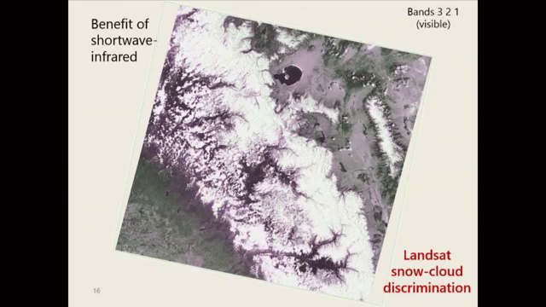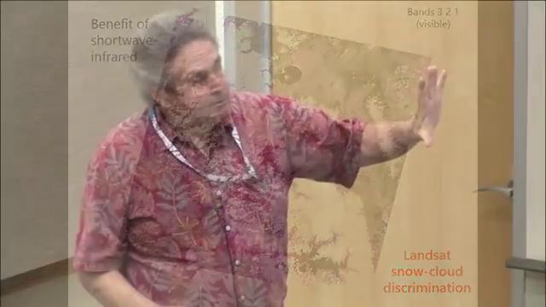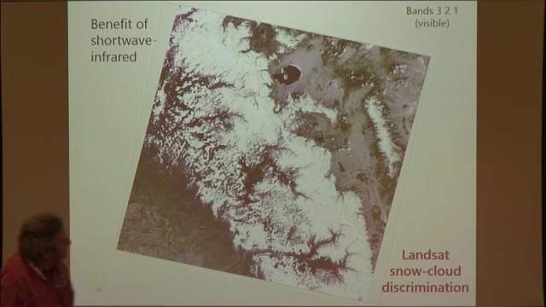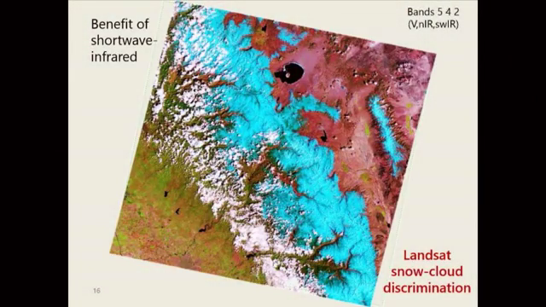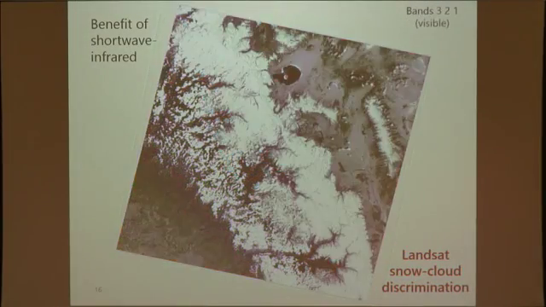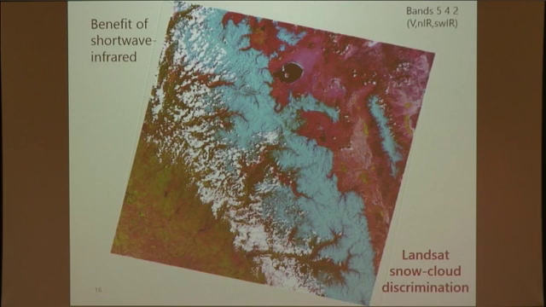So we'd like to do something a little better, but this use of the shortwave infrared part of the spectrum allows us to distinguish clouds. So here are the visible bands, and you can see the clouds and the snow are a little hard to tell apart. But if you use the bands further out into the spectrum, you can see that the clouds are pretty distinctive.